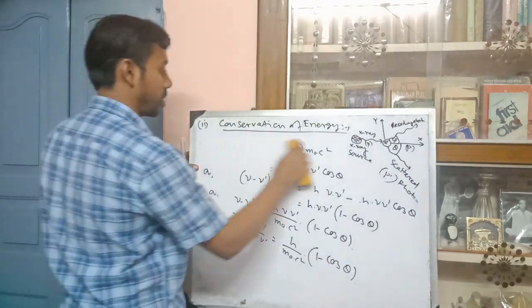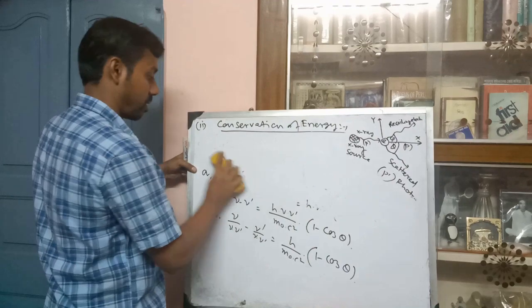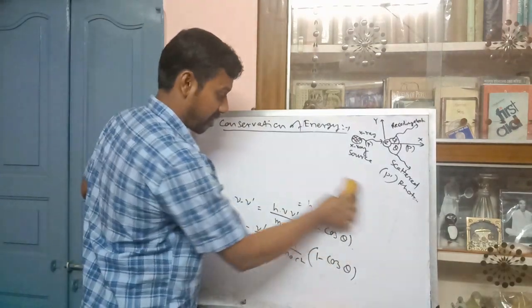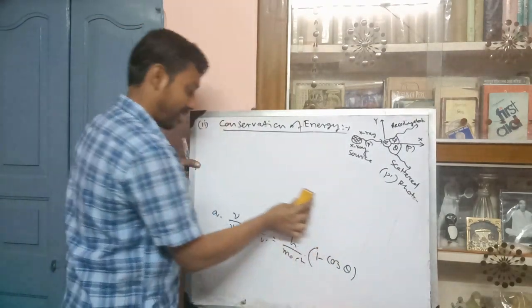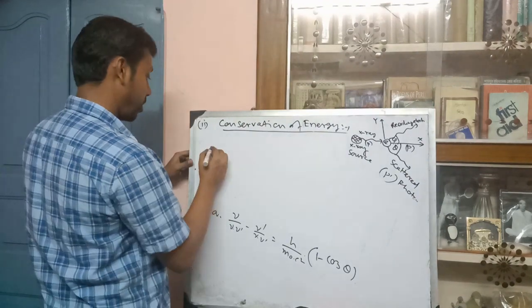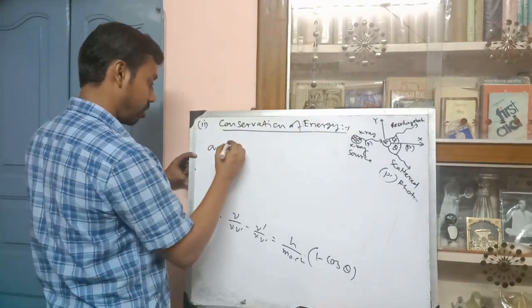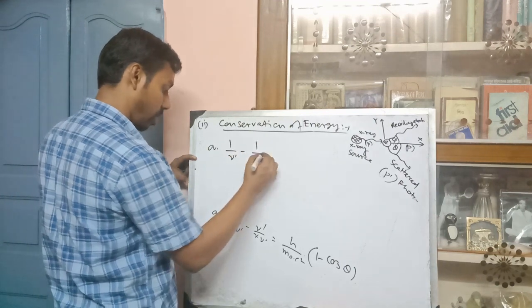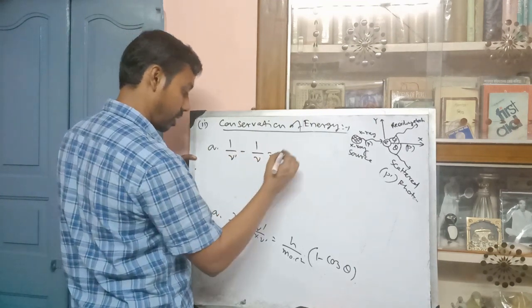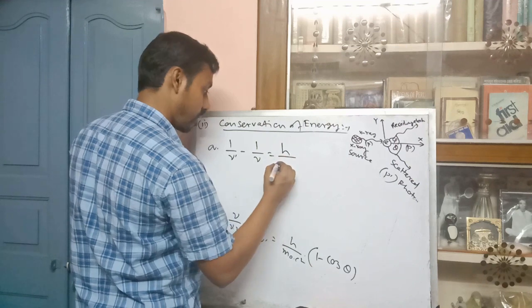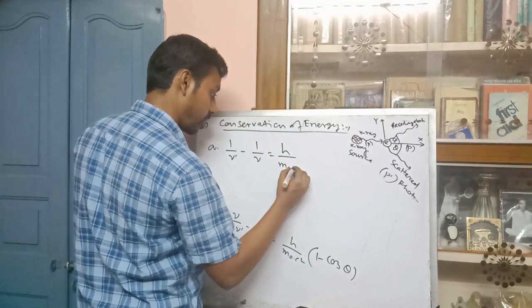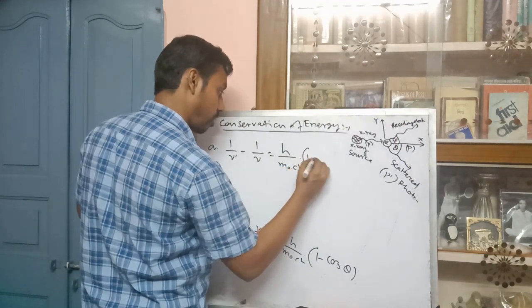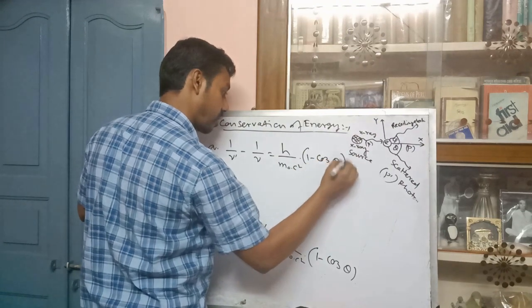That means finally we get 1 by nu dash minus 1 by nu is equal to h by m0 into c square into 1 minus cos theta.